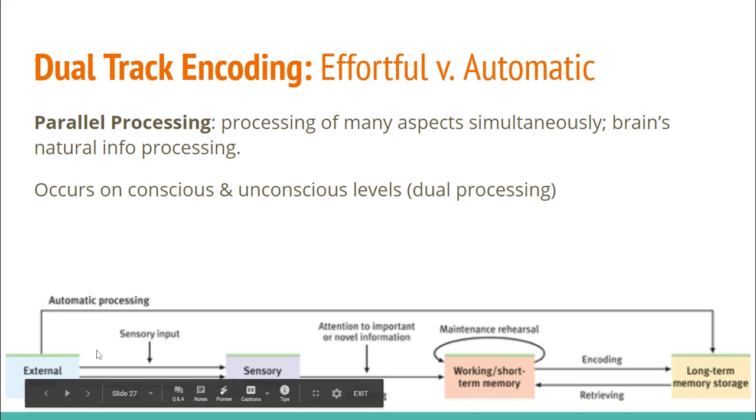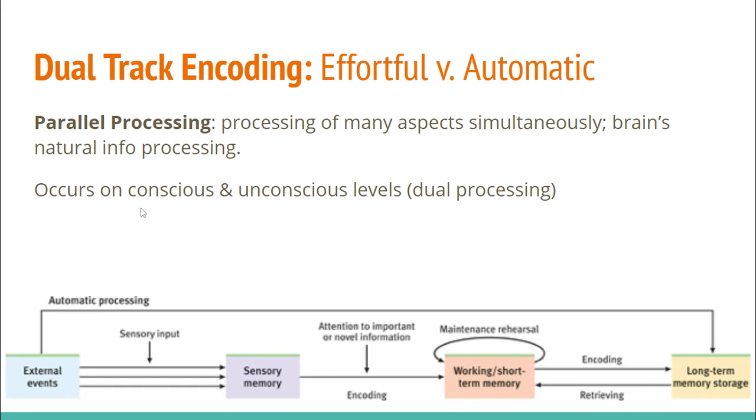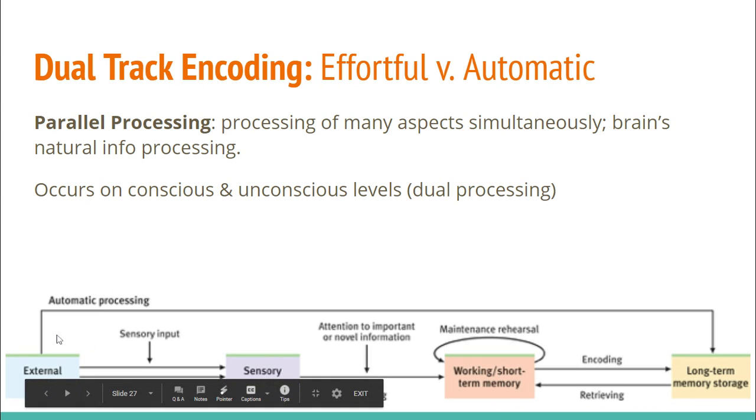And though we are able to do this one thing, creation of one form, we are oftentimes processing our memories on both the conscious and unconscious level. Dual processing, dual track encoding. Even while we're automatically processing one thing, we can also be rehearsing and working on creating other memories.